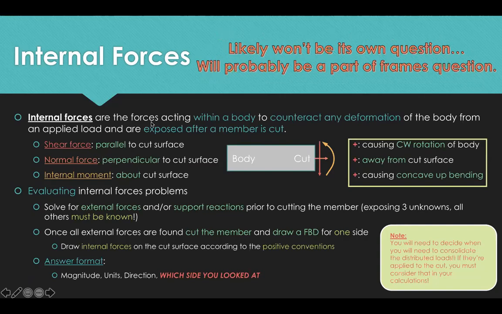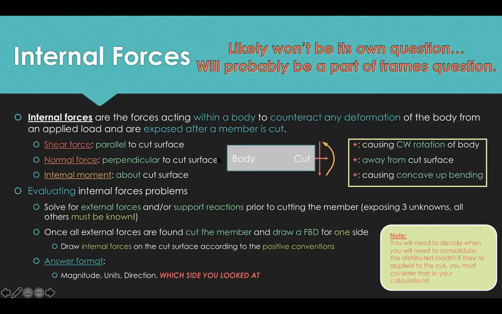So internal forces conceptually are the forces that the actual structure you're looking at exerts to try to not break, right? So if you have a force pushing on, so this is our nice little body, the little gray box. So if you have a force pushing up here and then up here, you're kind of bending the member a little bit, which means that whatever's going on inside of this structure is trying to make sure it doesn't break.